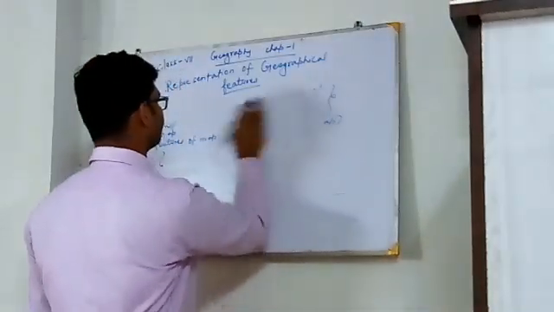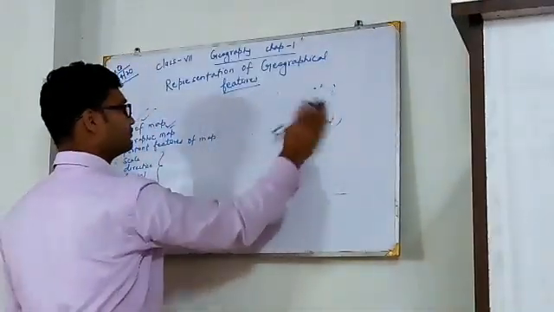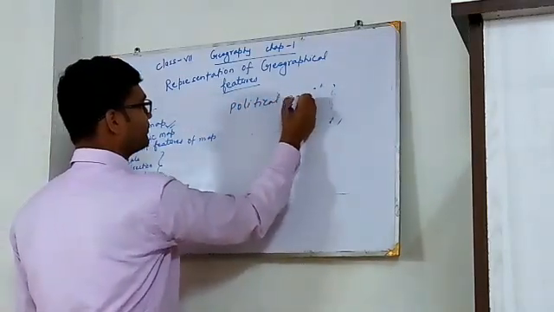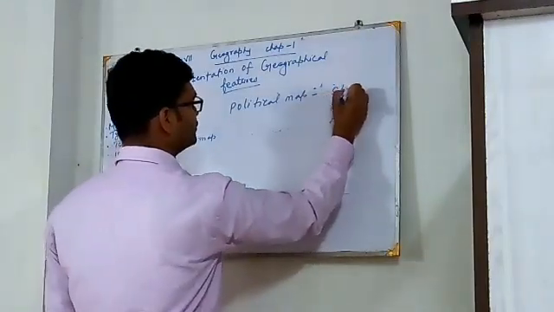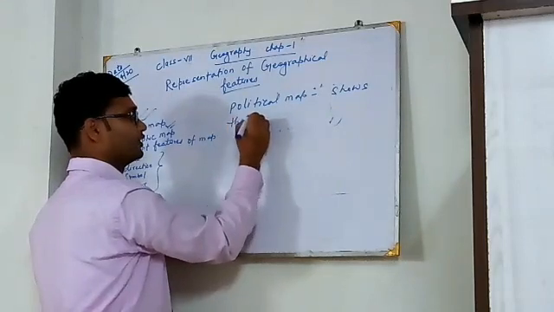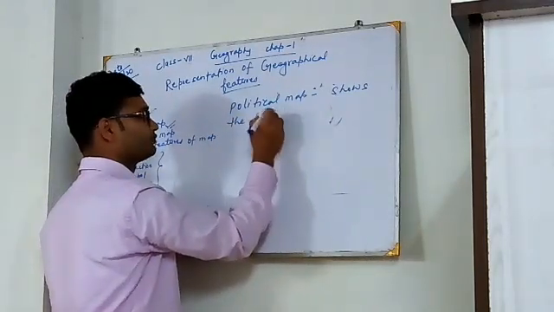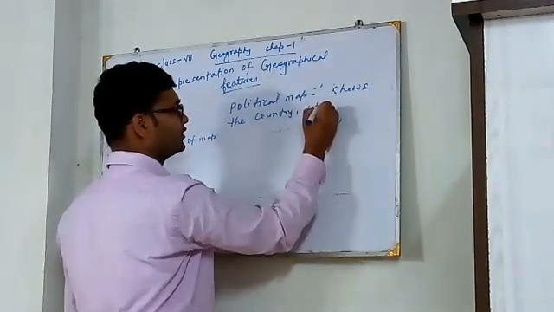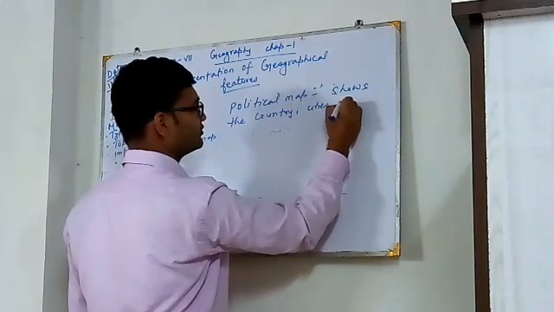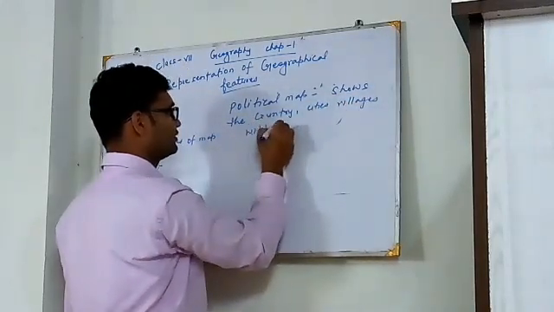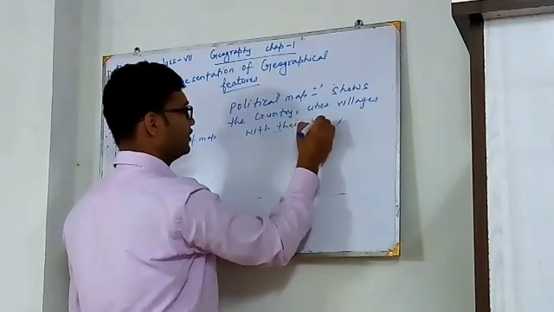Now, write down in your copies. Political map shows the country, cities, villages with their boundaries.